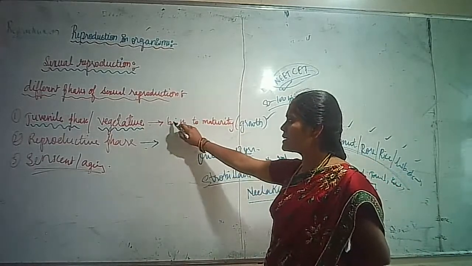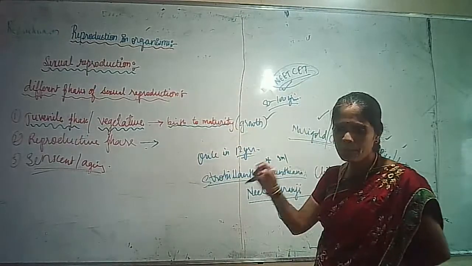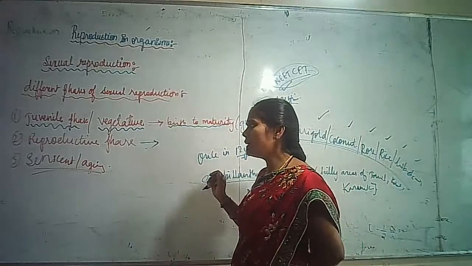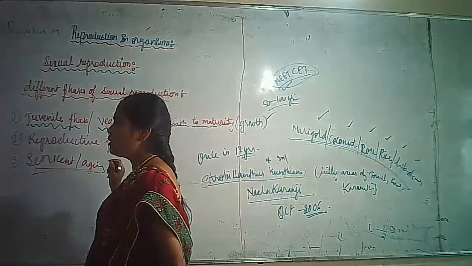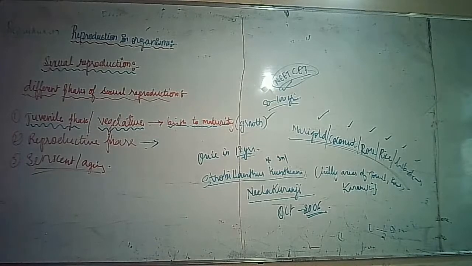That is taking place in the juvenile phase in animals and the vegetative phase in plants. Then comes the reproductive phase.